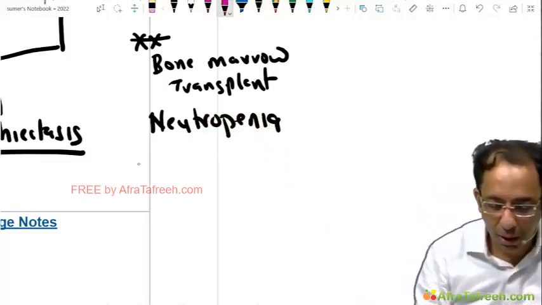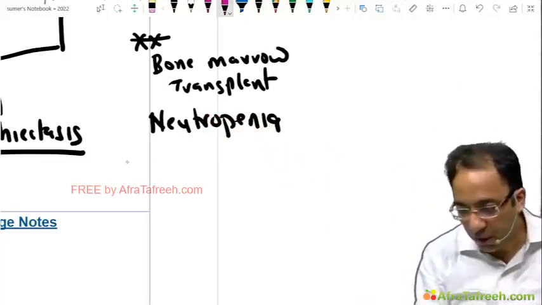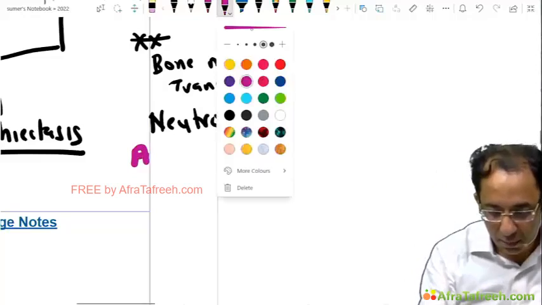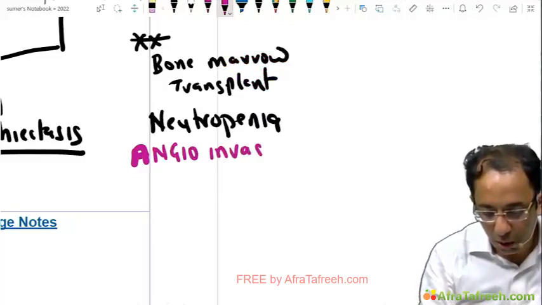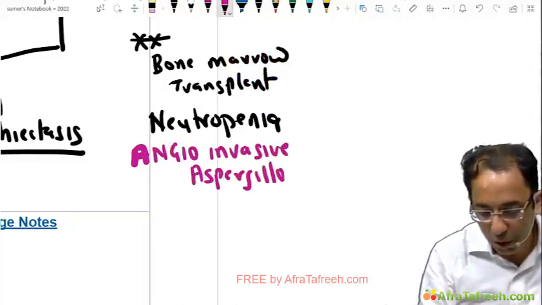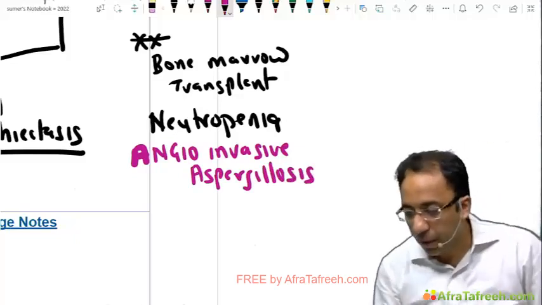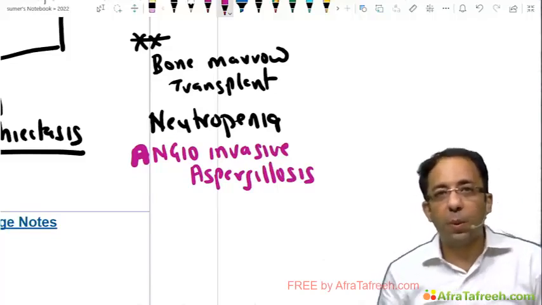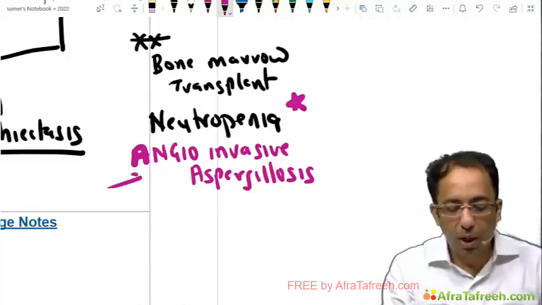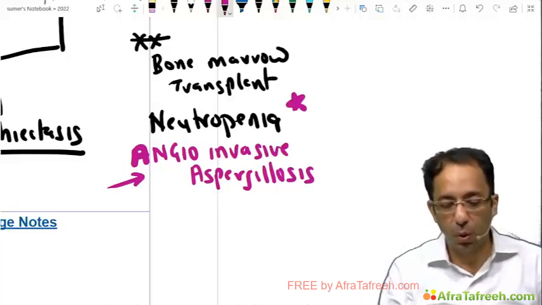So what will happen? Tell me. It is an opportunistic infection. Then you can have angio-invasive aspergillosis. So this is slightly confusing, but always remember, in immunocompromised patients with neutropenia, you can have angio-invasive aspergillosis.